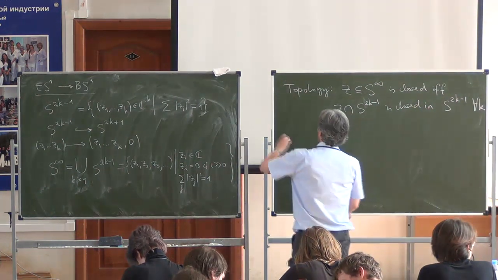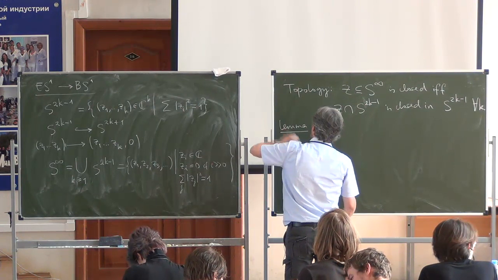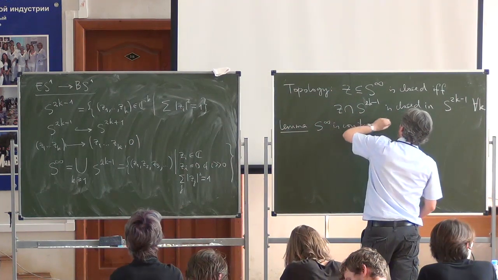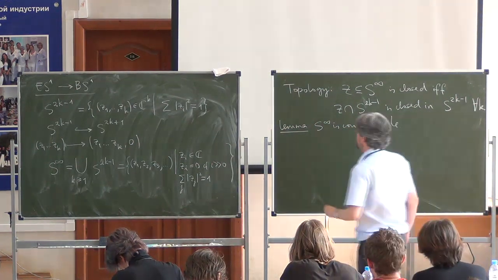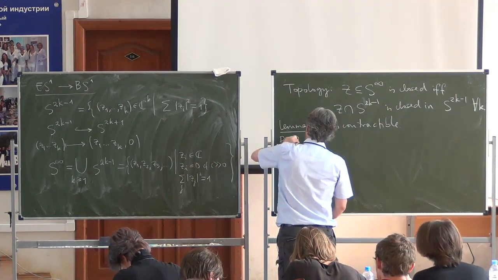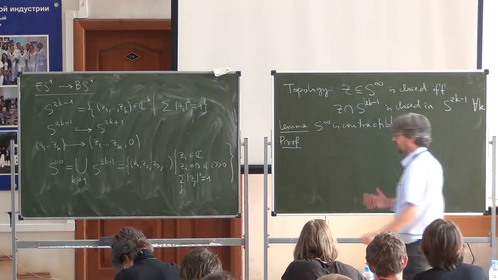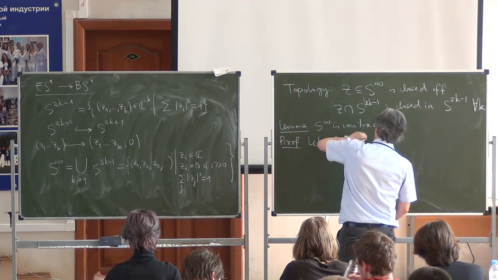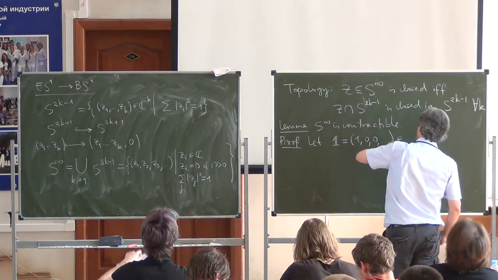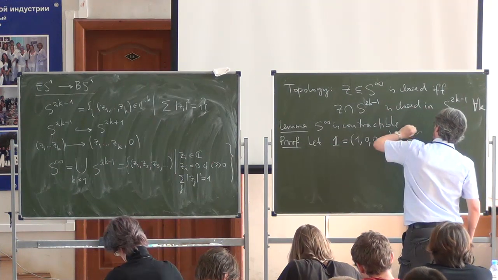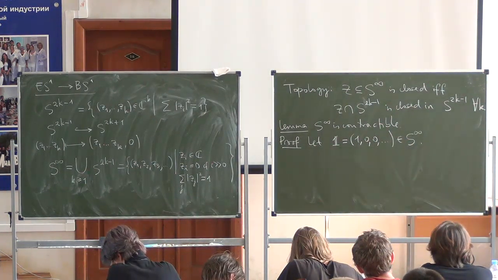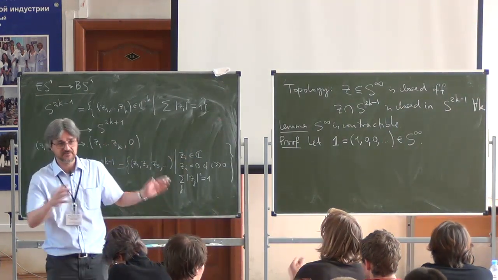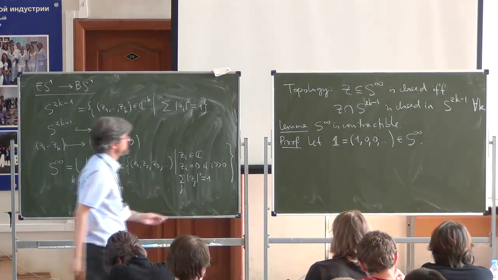Okay. Well, let's take an element in S infinity, this bold-face 1, and let me define a homotopy between the identity on S infinity and the map sending all points to this point here.